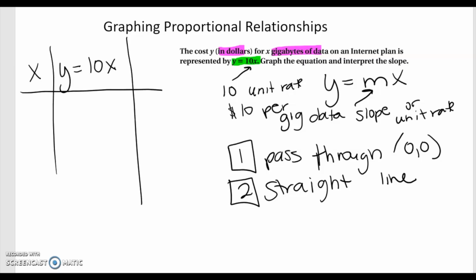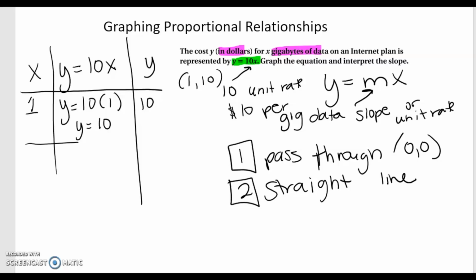And so we're going to say, okay, well, what if we use 1 gig of data? What would our cost be? Well, y is our cost, so our cost would be $10 times 1 gig, or $10, which is our unit rate. So that's our first ordered pair that we're going to graph, (1, 10).